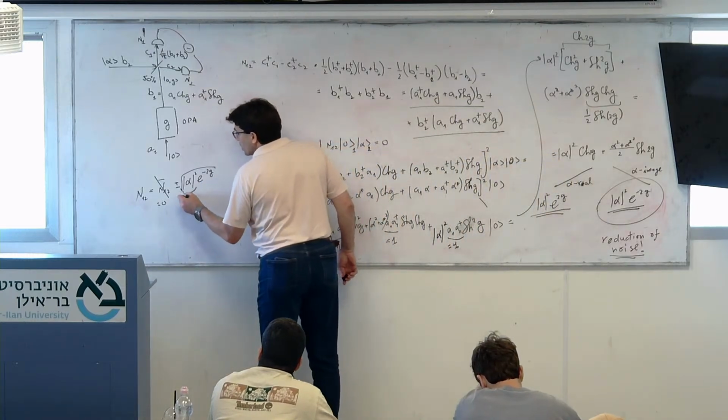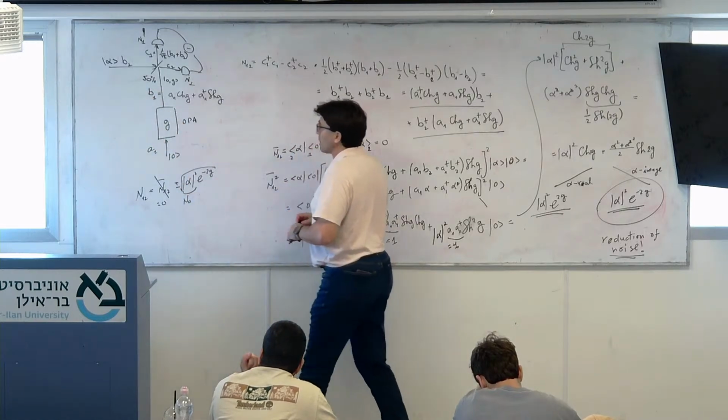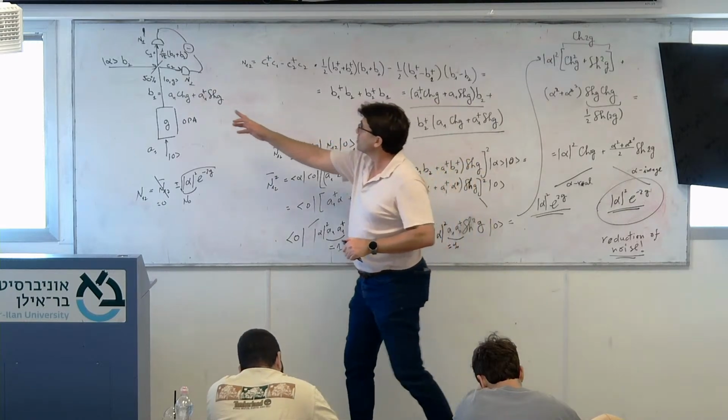Now alpha squared is the average number of photons that comes out of here.